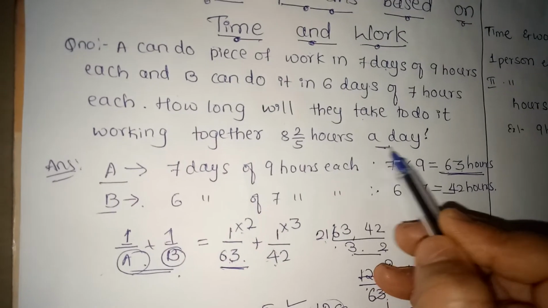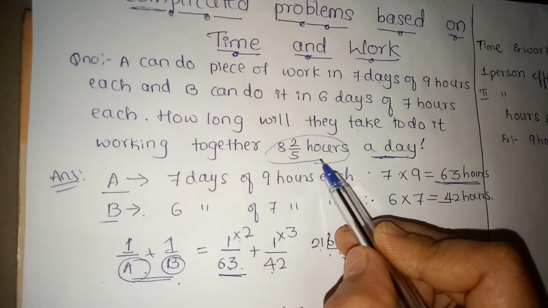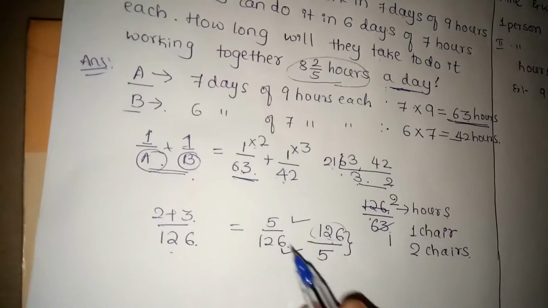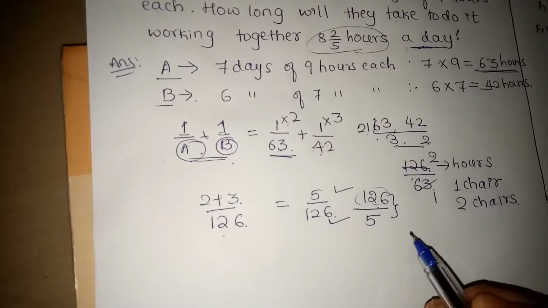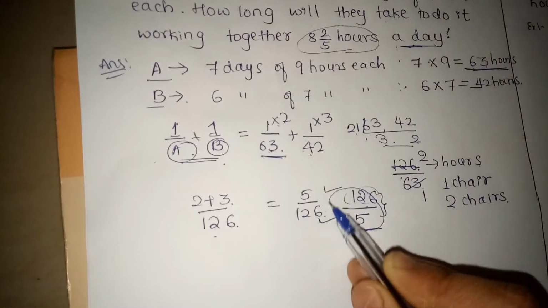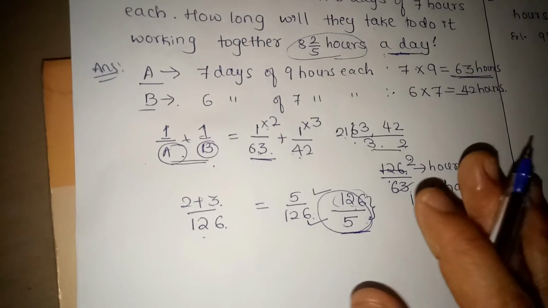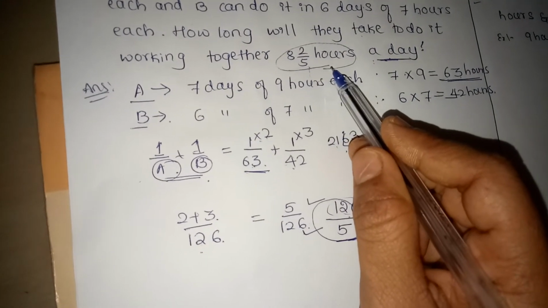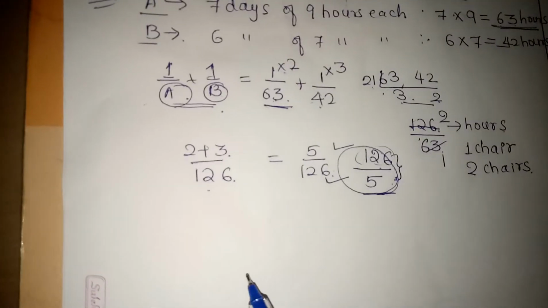That means in one day, if they are working 8 2/5 hours, then how many days are they going to require to complete only 1 unit of work? This is the total hours required together. Now if they both work 8 2/5 hours, then how many days will they get? We are going to calculate here.